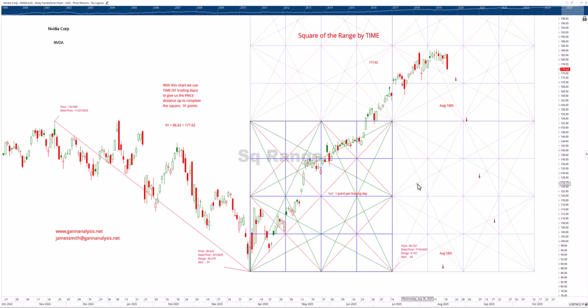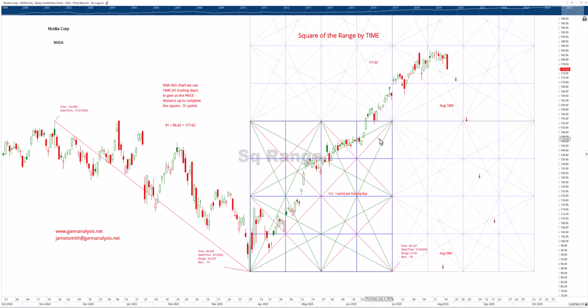So we're gonna play with this, and we're gonna look at it by time, square the range by time. We're gonna square the range by price, and you can even square the range by time price. Let's go back here and see, where was it? Squaring style. See, you can do it by price, by time, by price time, by inverse.